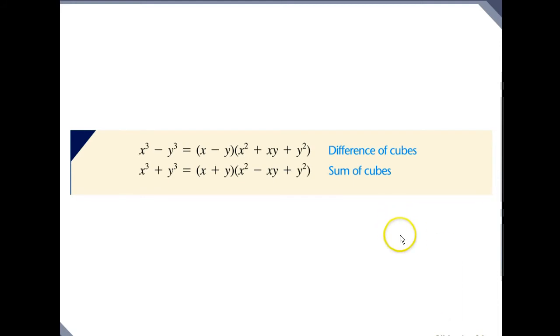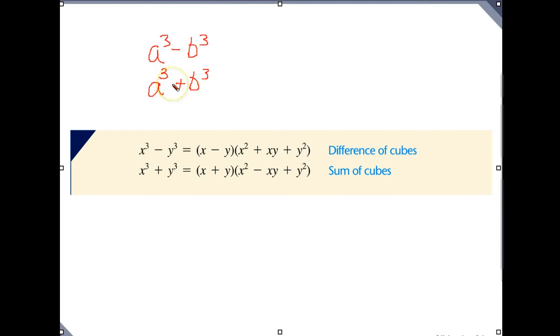Now, another famous one, and I'll write that one out for you as well, is in this case the difference of perfect cubes. This is the sum of perfect cubes, and there is a recipe for factoring those.